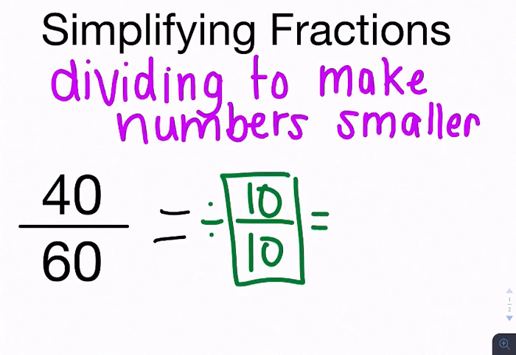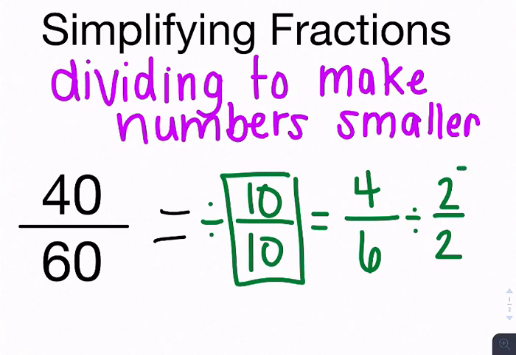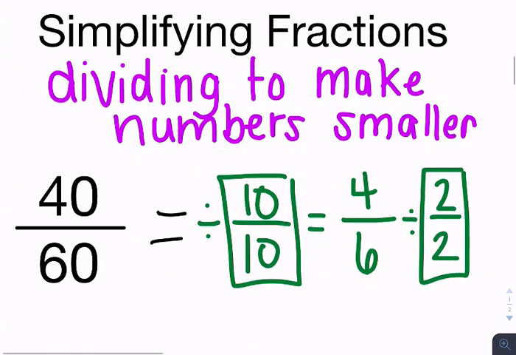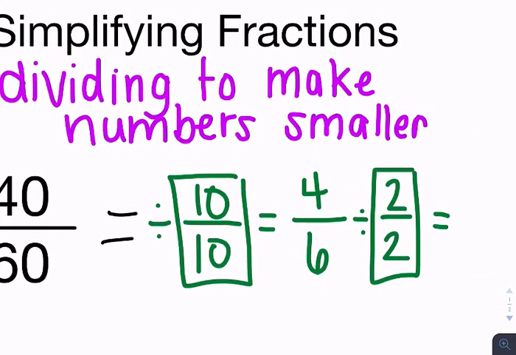So if I divide 40 by 10, I get 4. And if I divide 60 by 10, I get 6. And now I'm looking at this fraction and I see 4/6. And I can still simplify this because there is a number that goes into both 4 and 6. 2 goes into both 4 and 6. 4 divided by 2 is 2. 6 divided by 2 is 3.